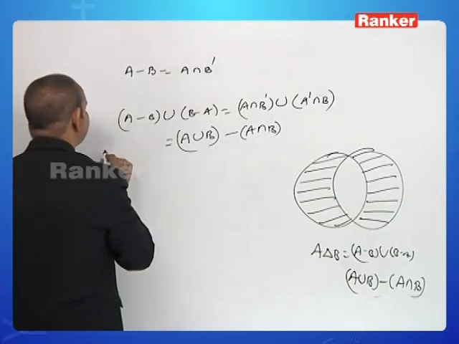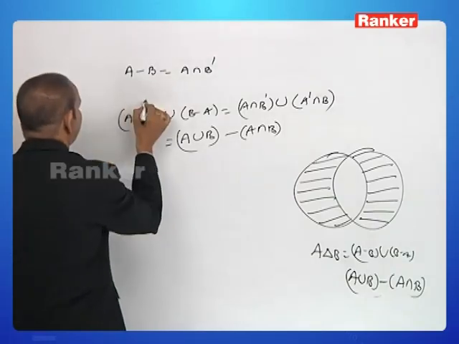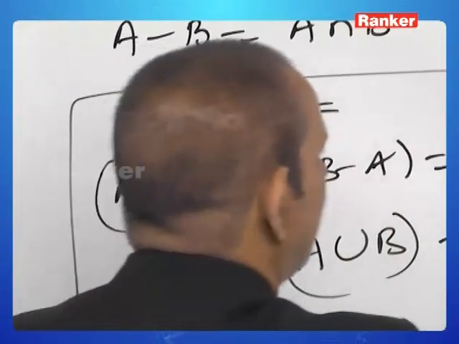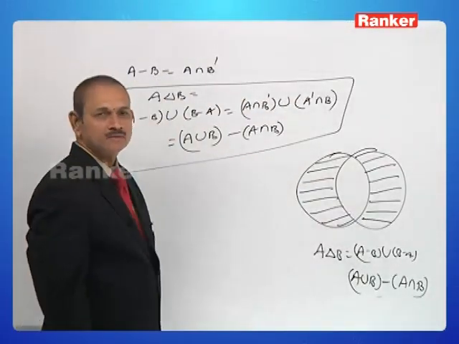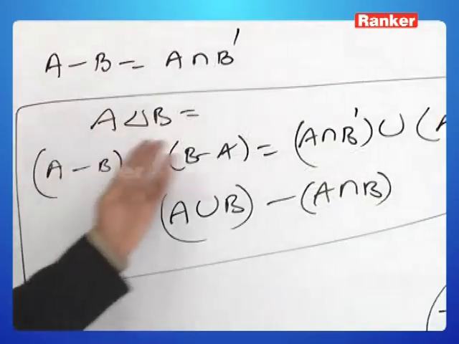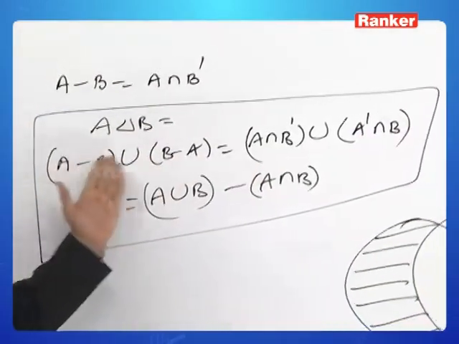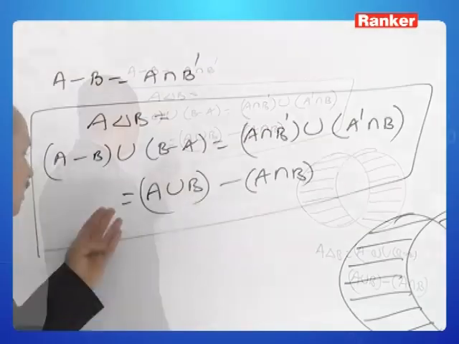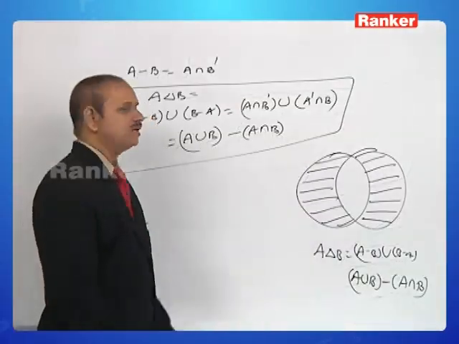Altogether, how many forms of expression are there for A delta B? You observe all these: A minus B union B minus A, A intersection B dash union A dash intersection B, A union B minus A intersection B, like that.